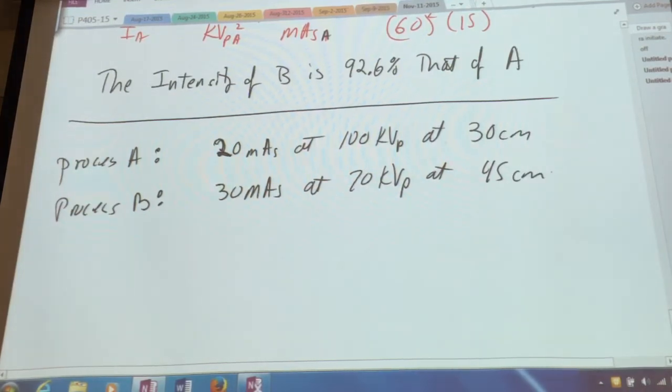See if you can work out this one. I'm going to be interested in the ratio IA to IB this time, changing it up on you, keeping you on your toes. What changed? Step 0. Everything, yes.